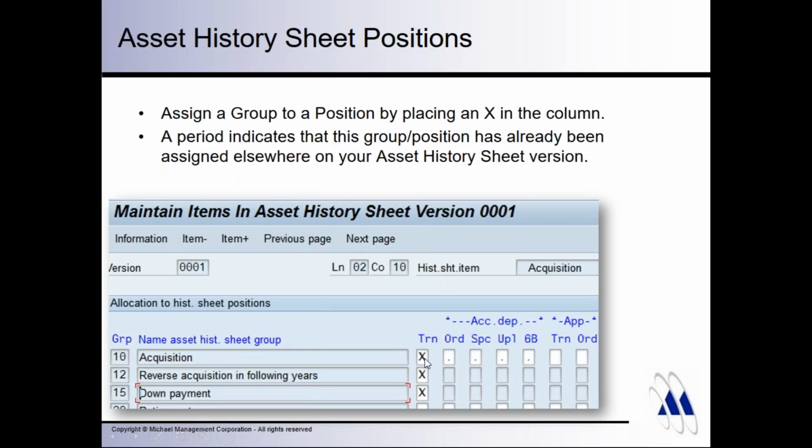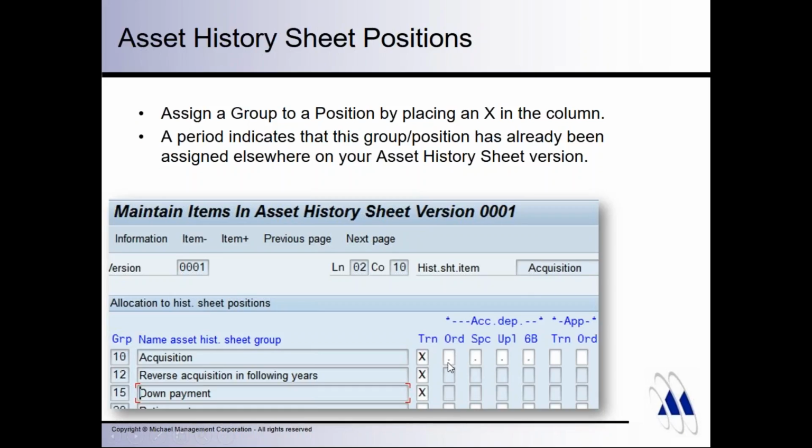So if I place an X here, I basically tell the system, hey, all the transaction types that are grouped together under group 10, I want to show the transactions in this position. So it's just a simple assignment exercise, but it gets very tedious because you have a lot of transaction types, a lot of groups, and a lot of positions.